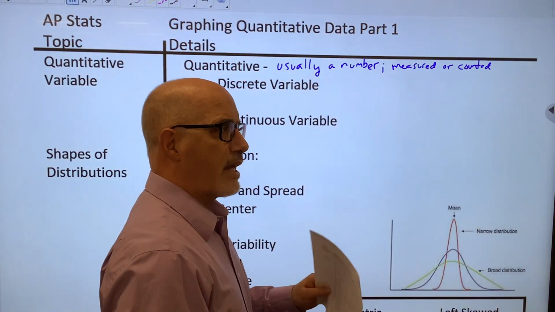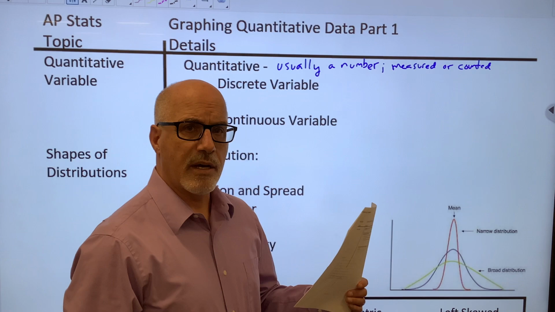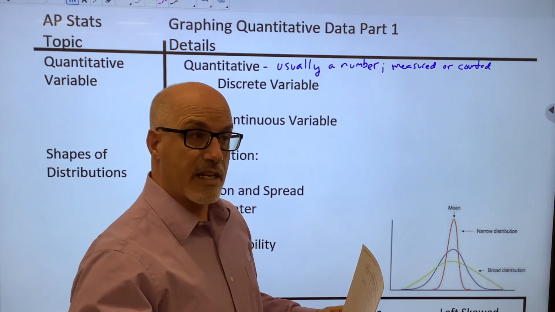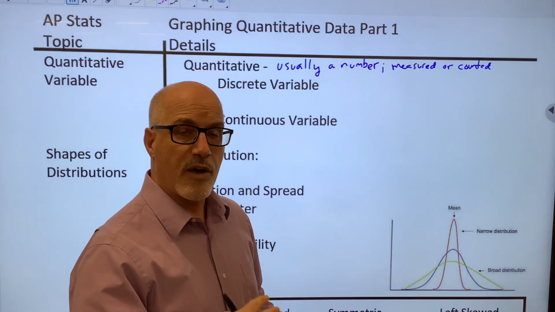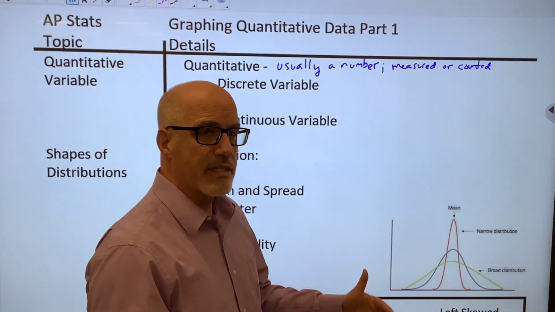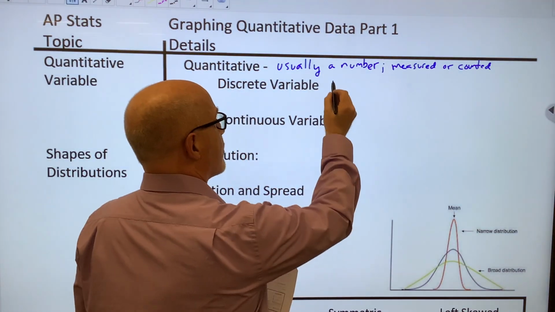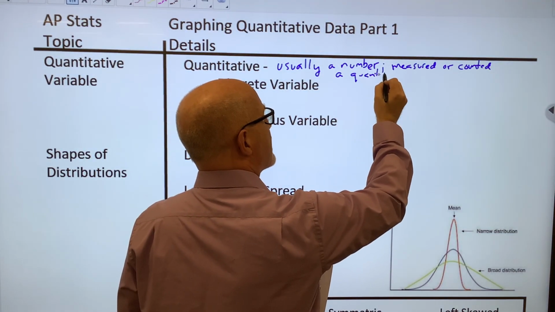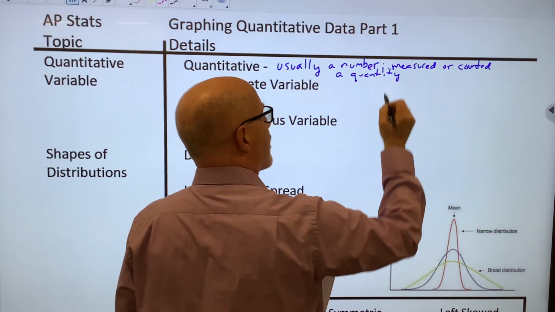We can count categorical ones, but when we measure things, or if order matters for how the numbers are lined up, if we use it as a number itself, a quantity, then we're going to have a quantitative variable.